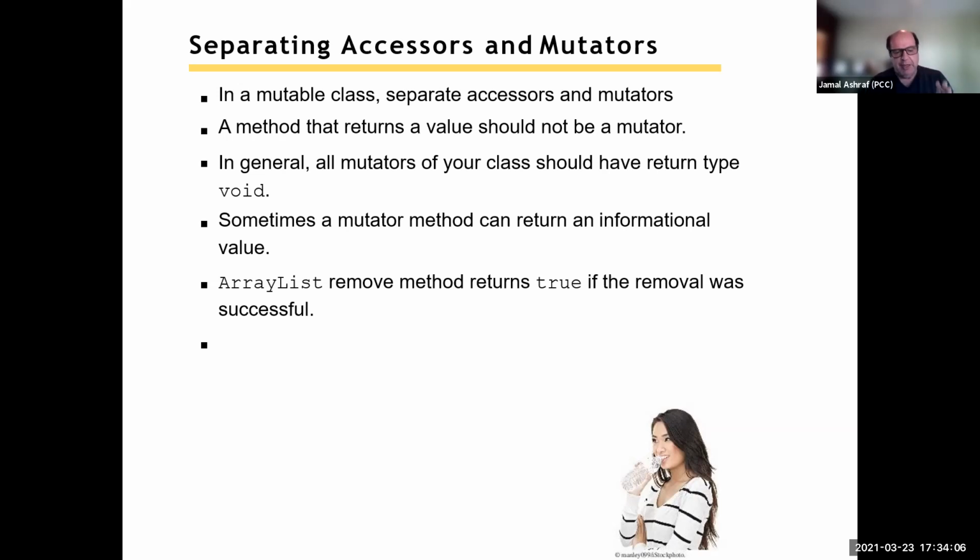Now, if I am going to change the interest rate to the new rate, potentially I'm not returning any rate. I'm just changing the previous one to the new one. That's my mutator. Sometimes I'm going to be returning, let's say, a Boolean or a number to indicate that this operation went okay.